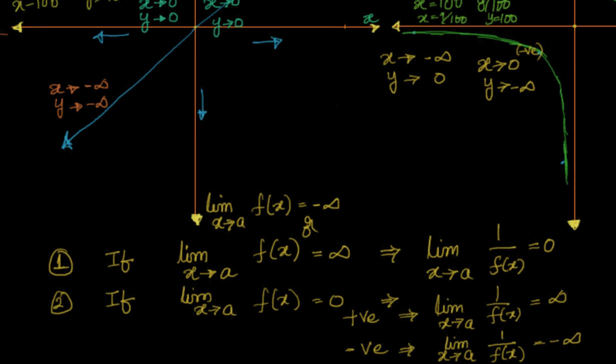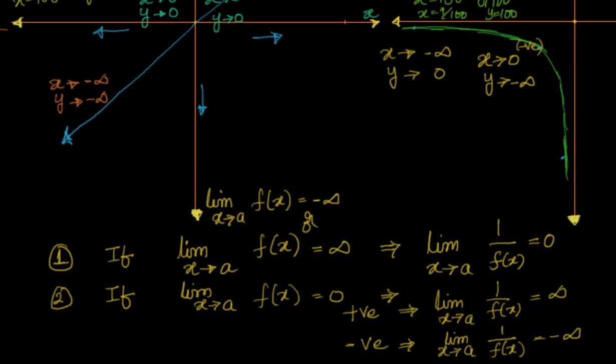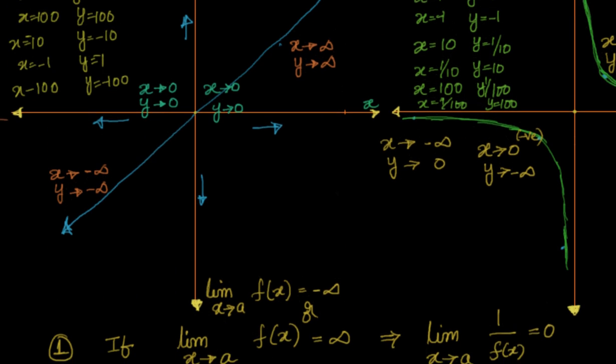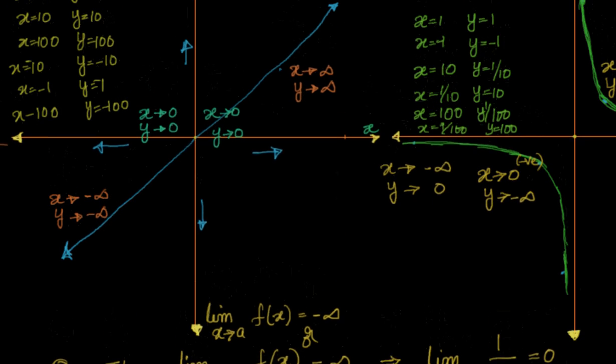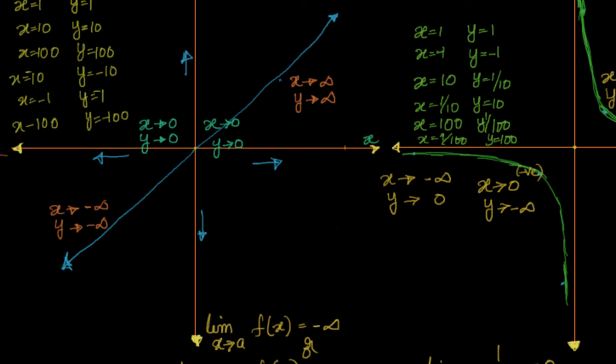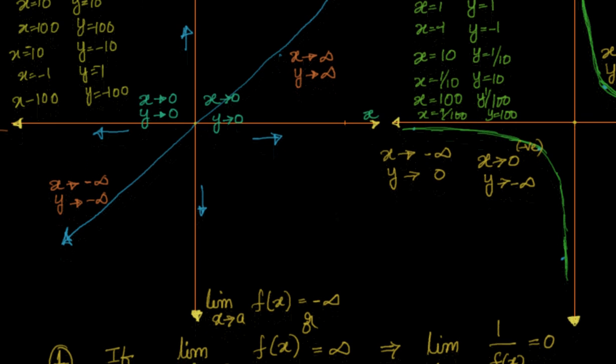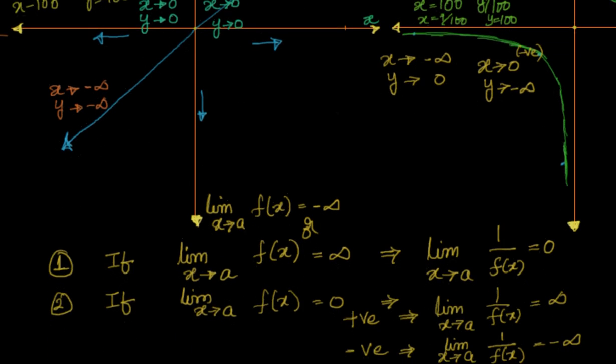We summarize it in simple rules. If limit x tends to a, f of x is infinity or negative infinity, then limit x tends to a, 1 by f of x is equal to 0. Can you see that?